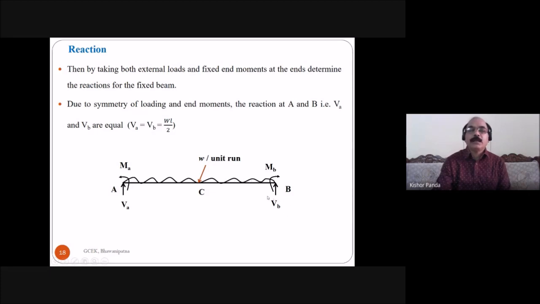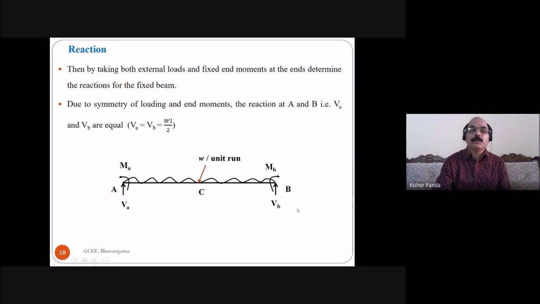Then after getting the reaction VB, take the summation of vertical forces equal to 0. VA plus VB is the upward force, and this is the downward force, so the upward force is equal to the downward force.